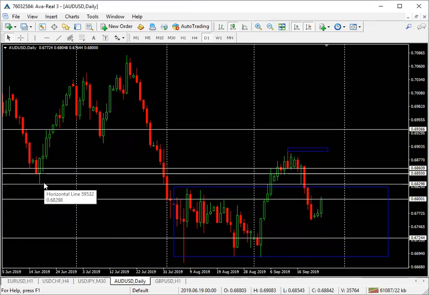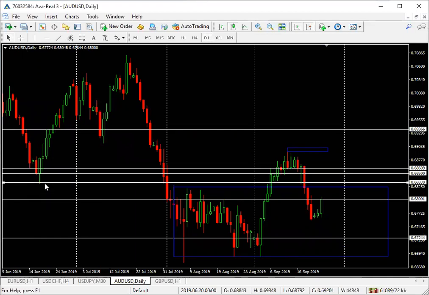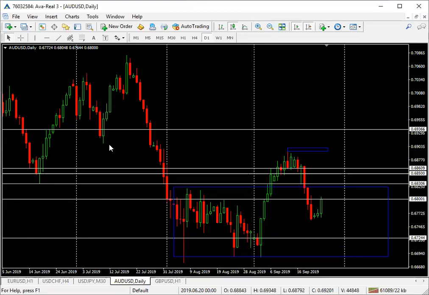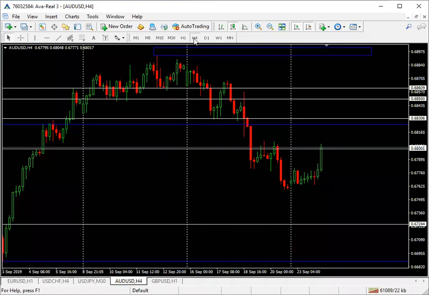This is 68.29, let's just say 68.30. Market broke below, retest, rejected. Market broke above, retest on the upside, and proceeded to move higher.